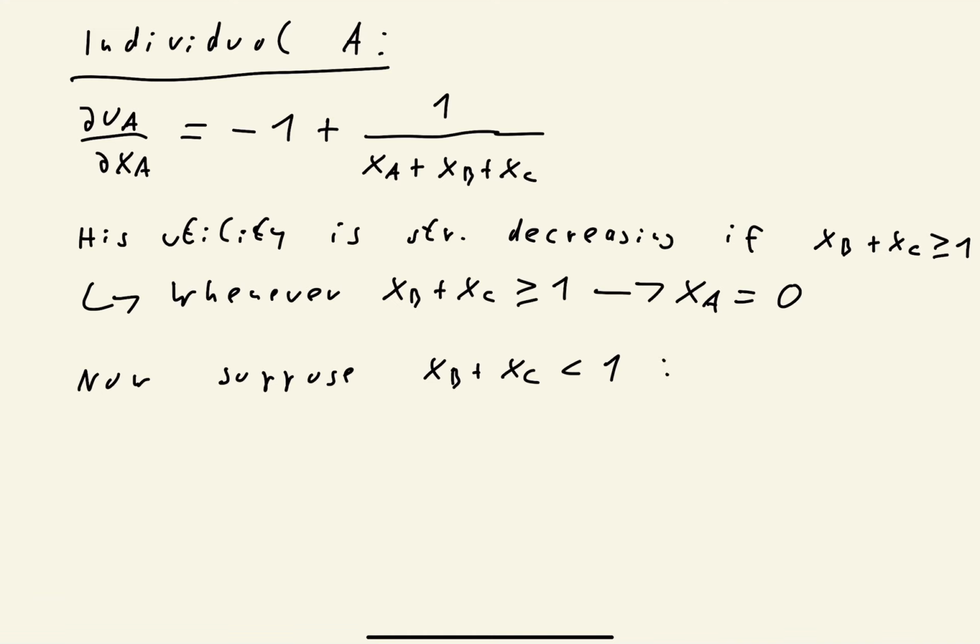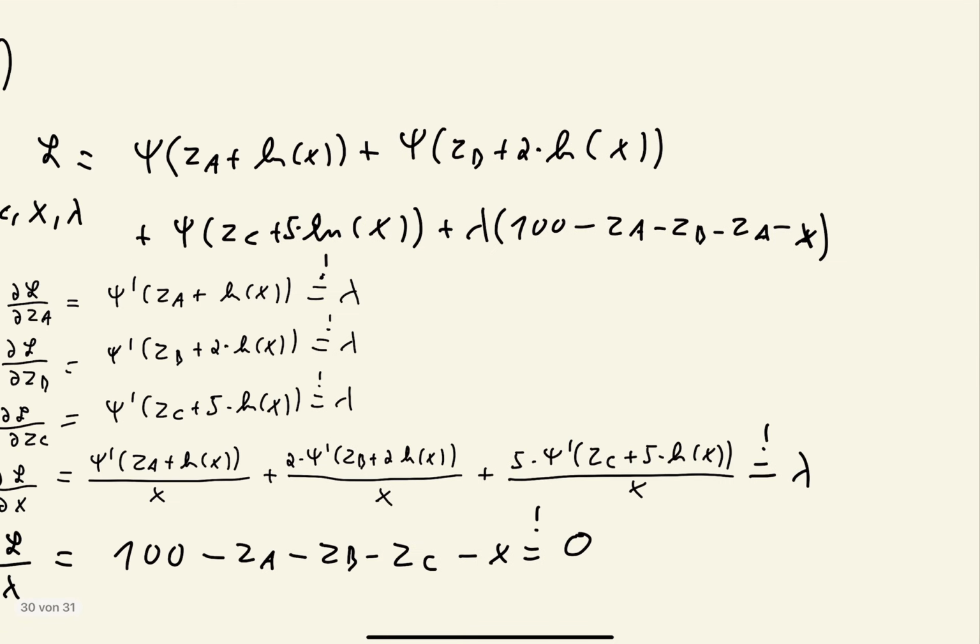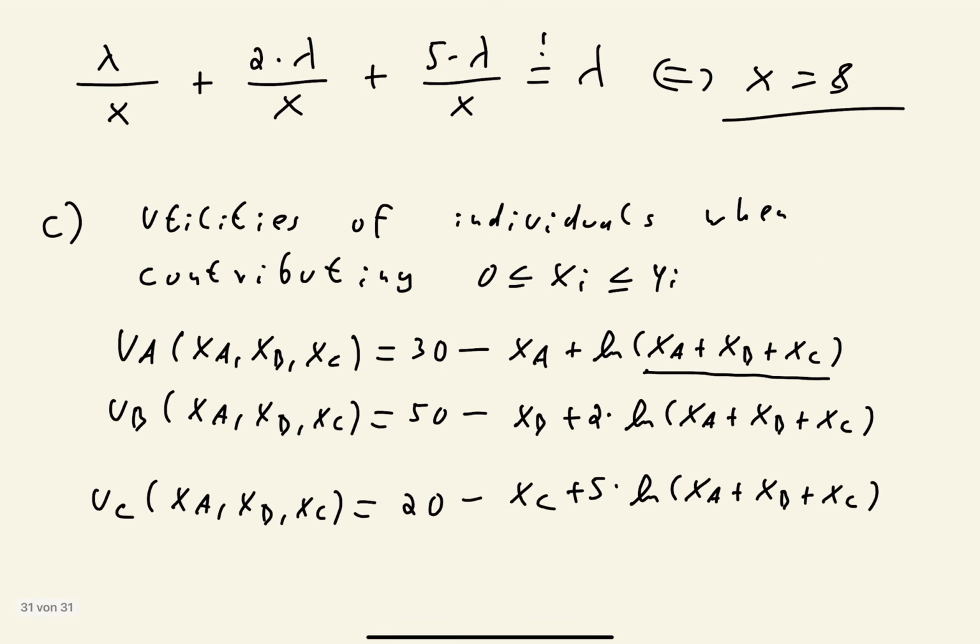So the issue here is that even if individual A can increase the utility in some interval by choosing a strictly positive amount, the utility here will always be strictly negative, because the log of a number between 0 and 1 is always strictly negative.